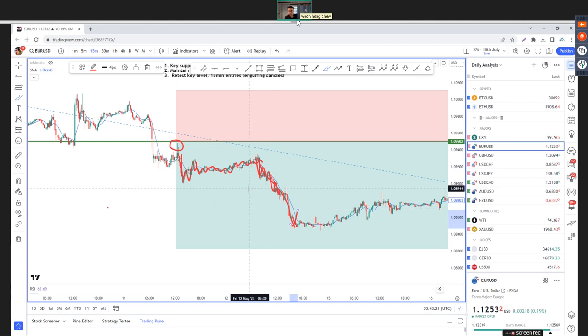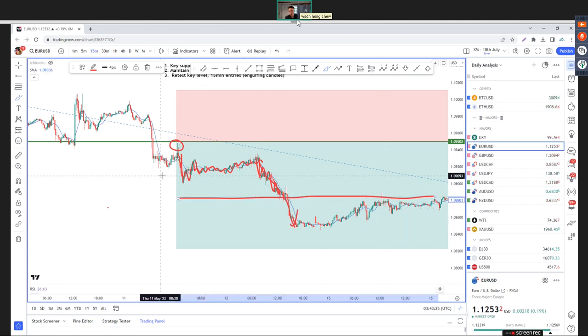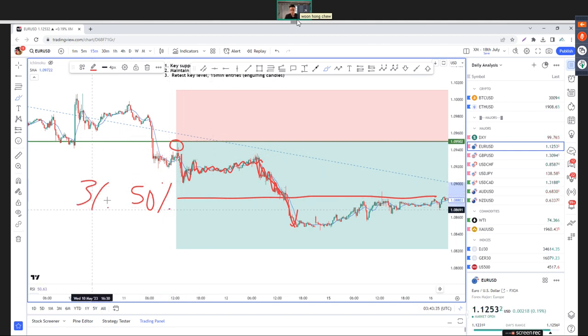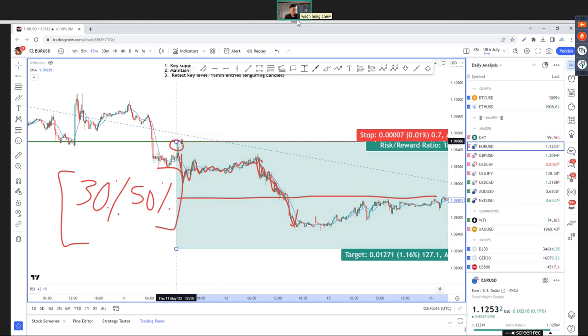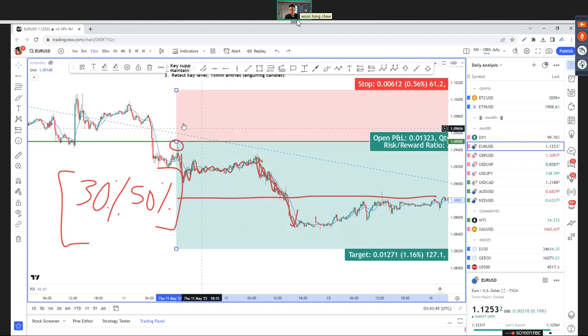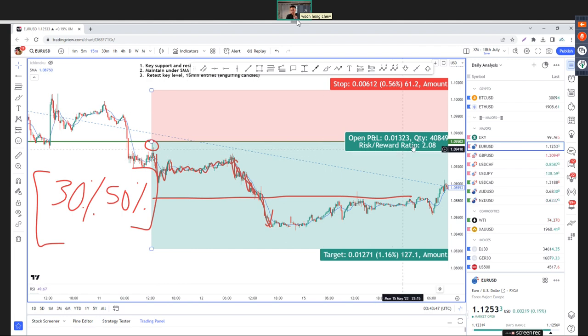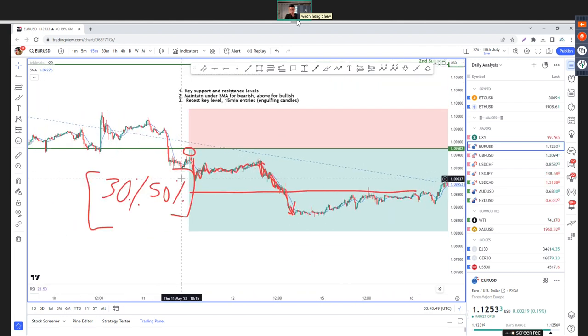During this area, usually once it runs 1:1, which is about here, I'll close 50% or maybe 30% of my trade, and then I shift my stop loss to break even. So in the end, I'll actually close 1:1 of my trade.